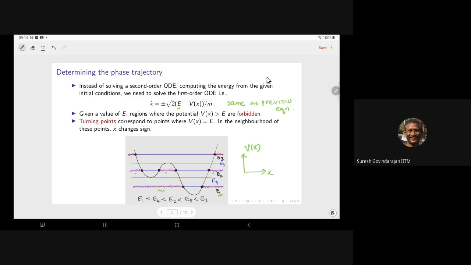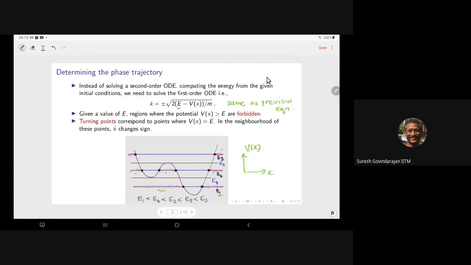E3 I have chosen to be higher than this peak in the middle, and here we are back to having two forbidden regions, and the regions I have shown with the blue lines are where the particle can be.